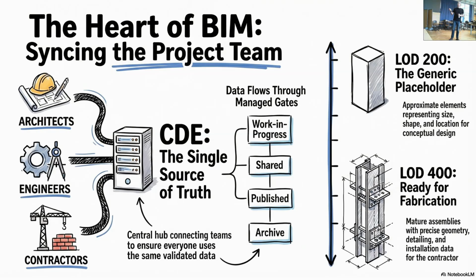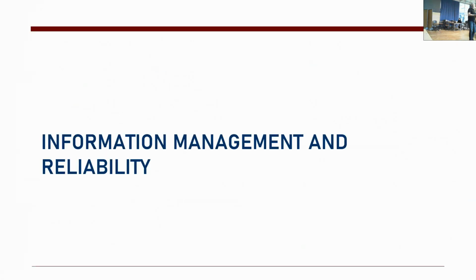Work in progress is like preliminary data. Shared, published, and archived are different stages, which we'll focus on. And in parallel, we have different stages of development of detail. So again, we will talk about that.